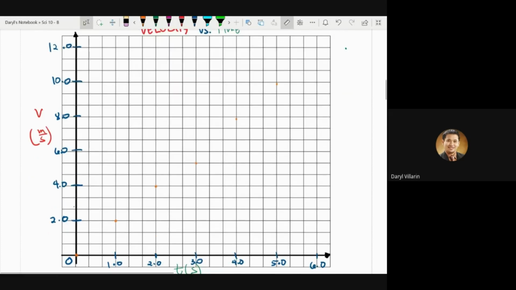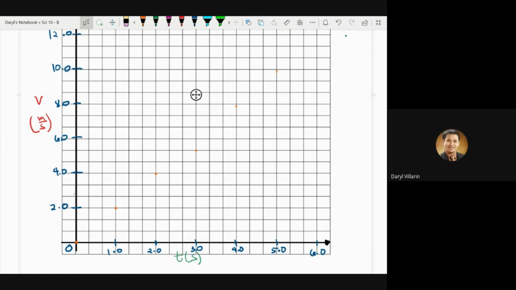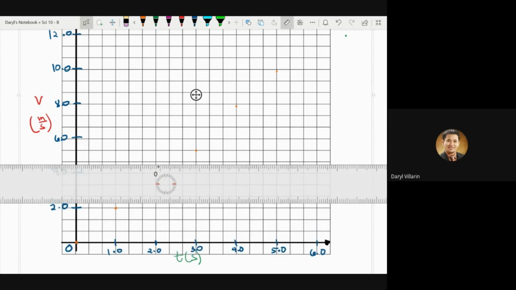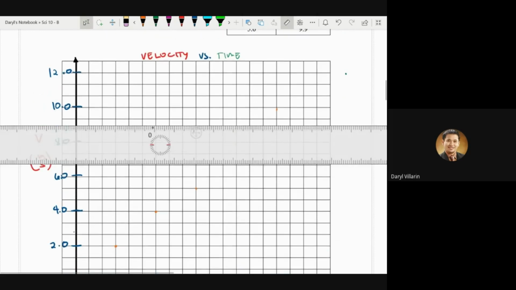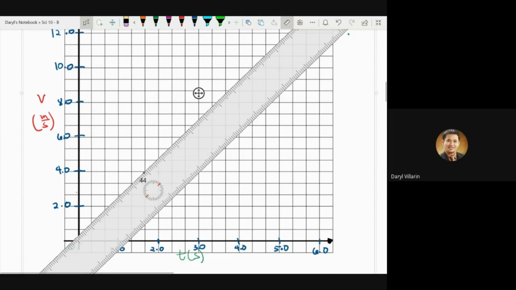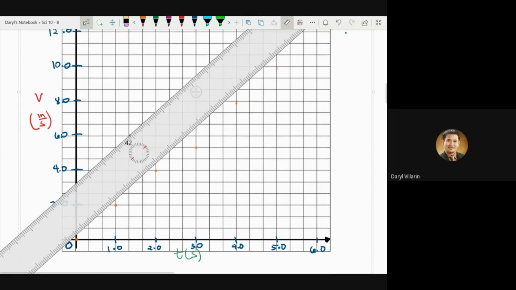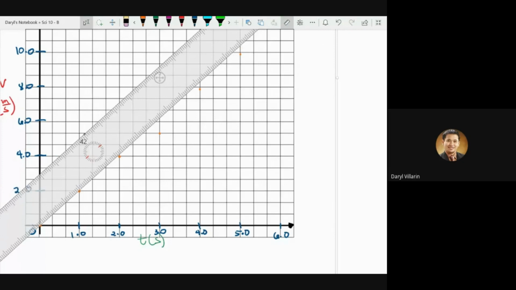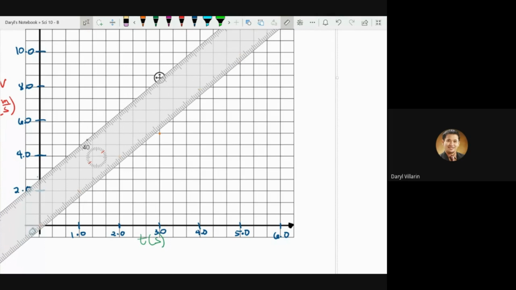So now I'm gonna connect this. If you can see, the general pattern is a straight line. So with the use of a ruler, I will try to locate the best line that would represent or at least fits all these data points.